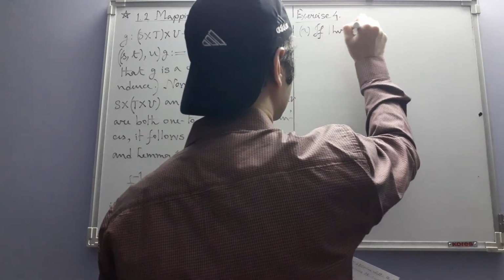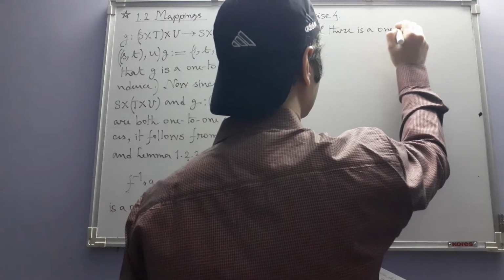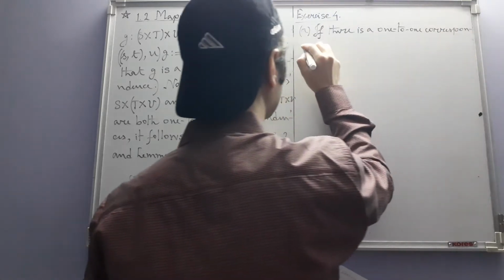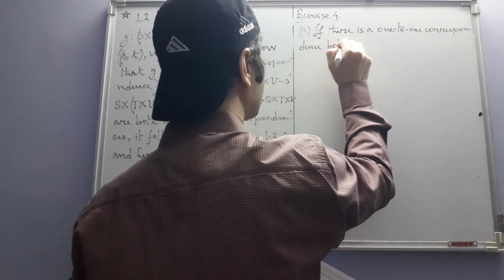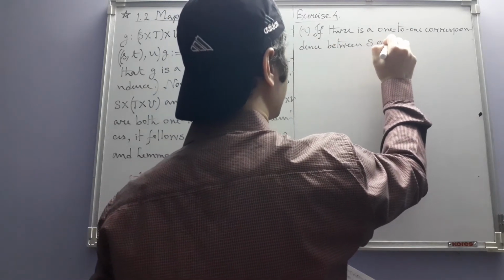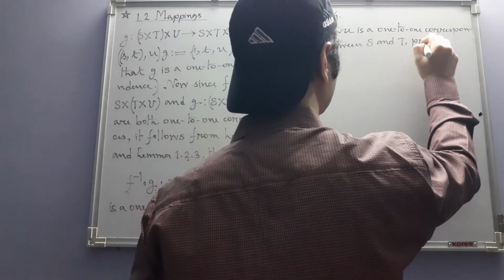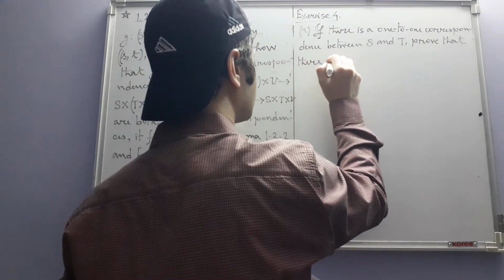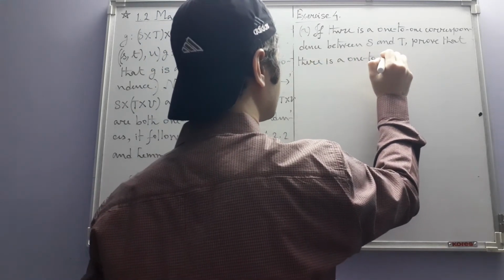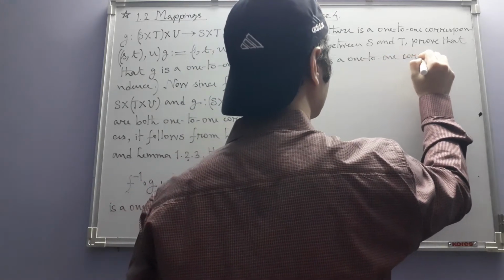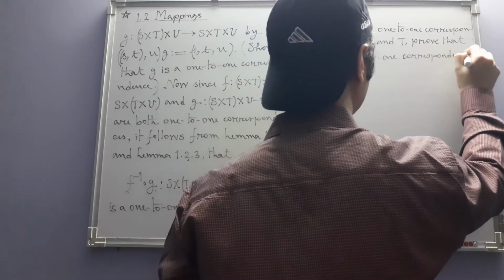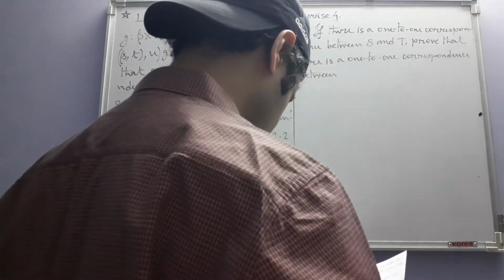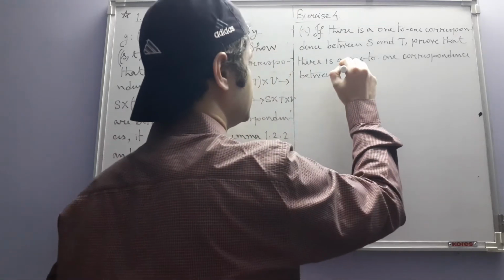If there is a one-to-one correspondence between S and T, prove that there is a one-to-one correspondence between T and S.